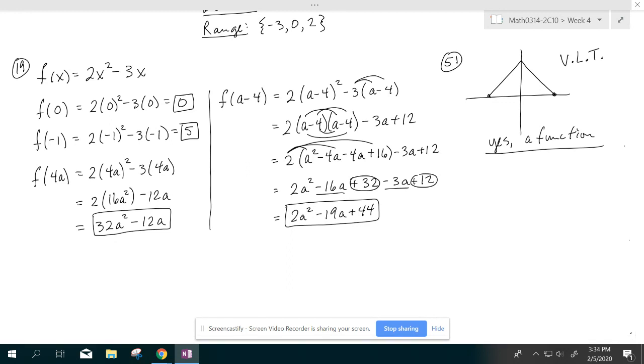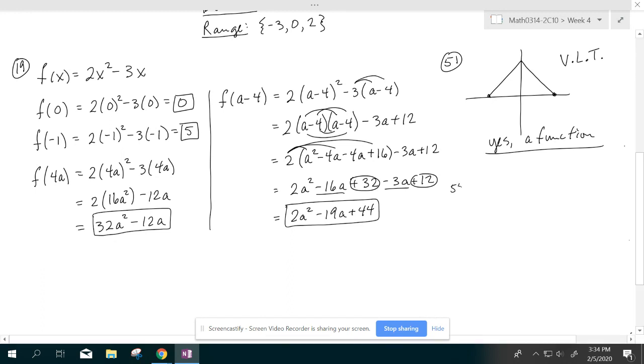It says if a vertical line touches more than one time, it's not a function, okay? So can I draw a vertical line anywhere that would touch this graph more than one time? No, every vertical line that I could possibly draw will touch only once, right? And so that makes it a function.